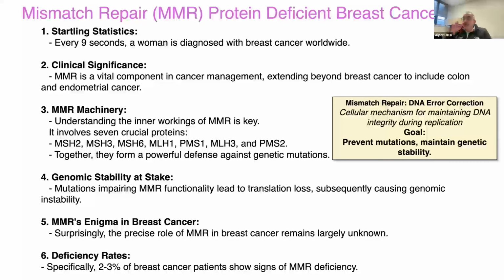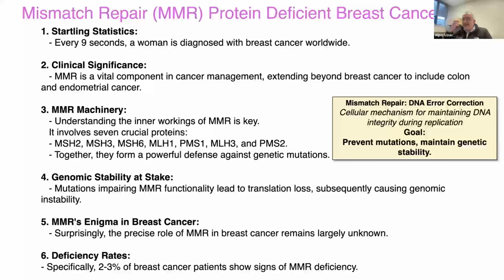Surprisingly, the precise role of MMR in breast cancer remains largely unknown, let's say. Specifically, 2 to 3% of breast cancer patients show signs of MMR deficiency. It's not high, but still it is an important fact.